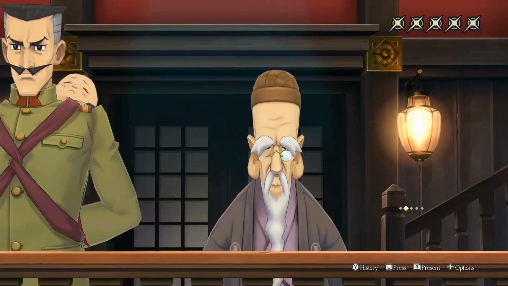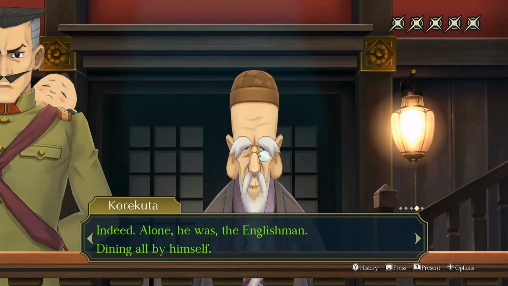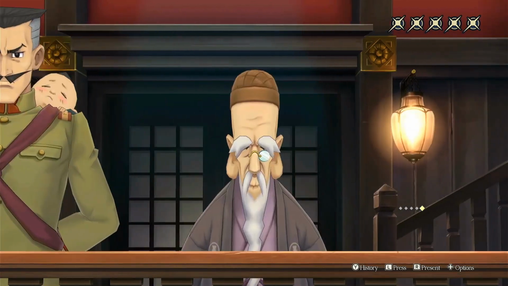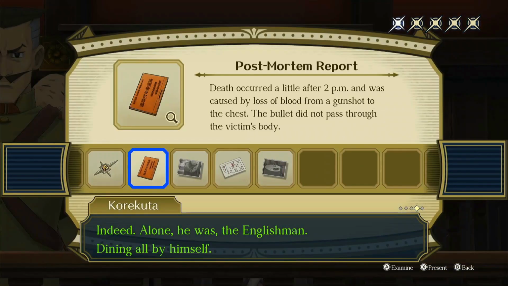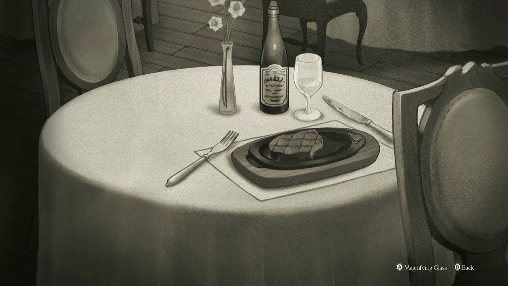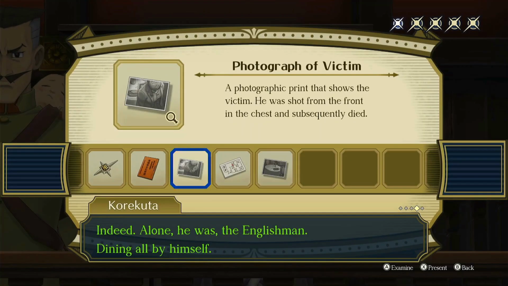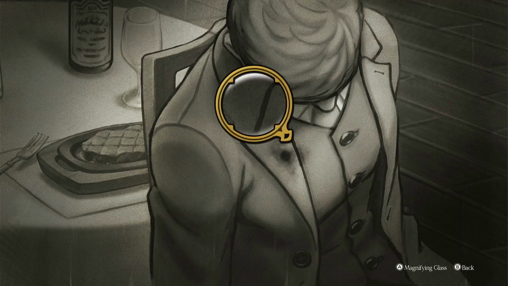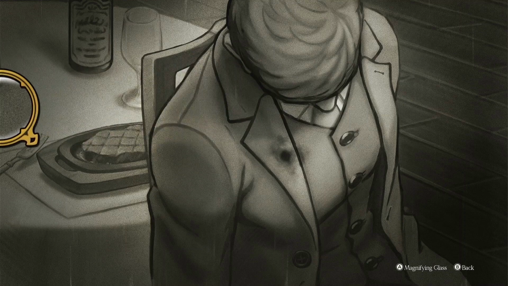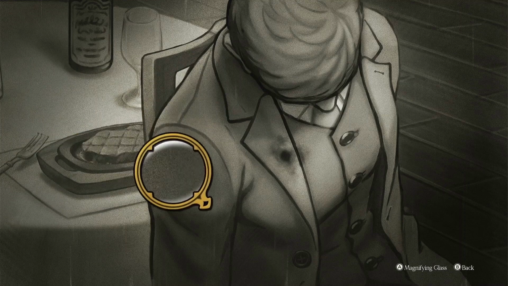Dining all by himself. I think this has to be the lie, but... Hold up. You're telling me that you get this huge glass of champagne or whatever, and that's all for one, well... I mean, it shows there's like another cup or something here. Male British.